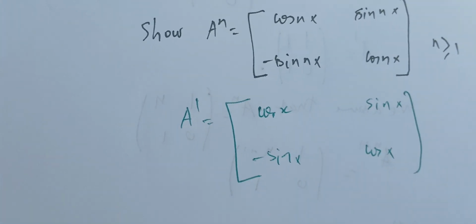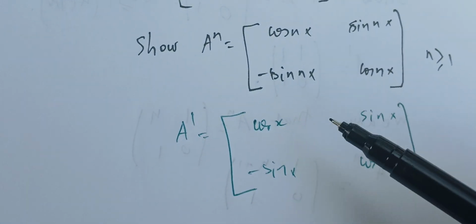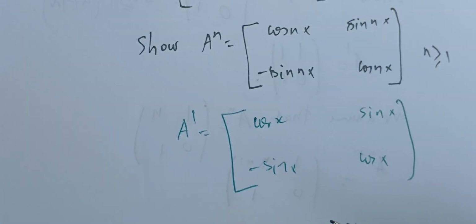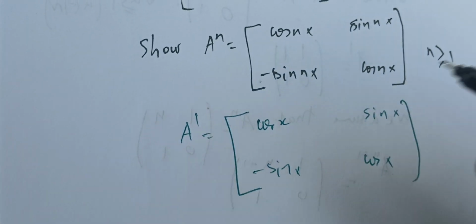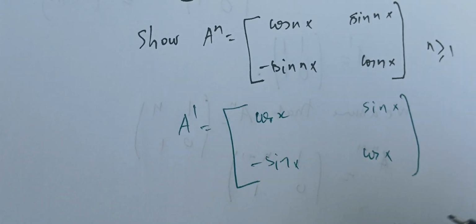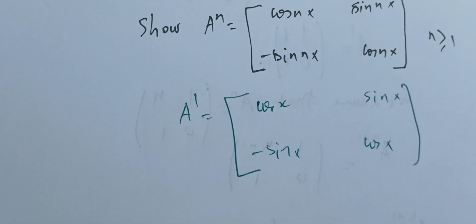We assume that this property, A to the power n, is true for n, and we want to prove that it's true for n plus 1.